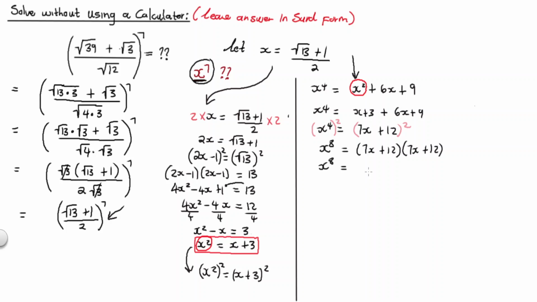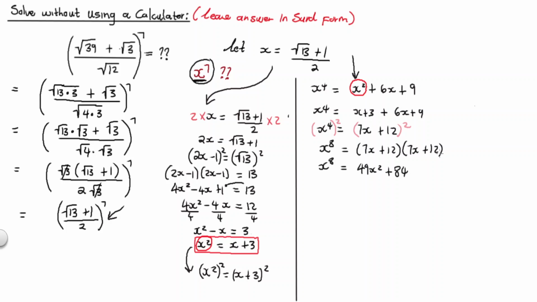So 7x times 7x, that's 49x squared. 7x times 12, that is 7 times 2, that's 14, 14 plus 1... Okay, I think it's 84. Yeah, it's 84.